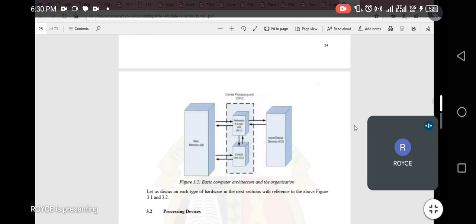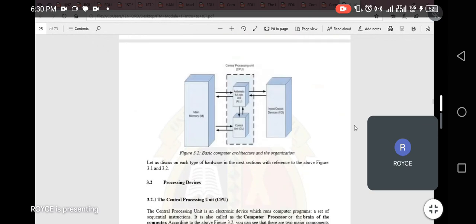The next diagram is basically trying to help us understand how these devices interact with each other in order for us to get the results that we want, which is basically the computer architecture and organization.